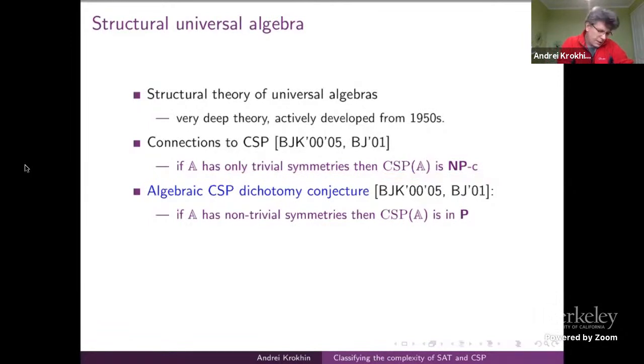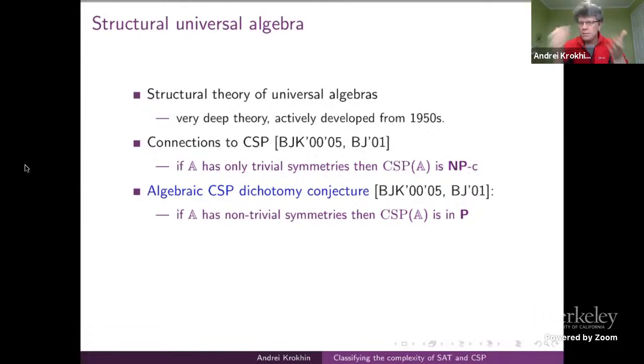And we made this conjecture, which was called the algebraic CSP dichotomy conjecture, that says that in all the other cases, which means if A has any non-trivial symmetries, then CSP of A is solvable in polynomial time. So this is a refinement of the Feder-Vardi conjecture because it specifies where the boundary is. And the boundary is very simple.